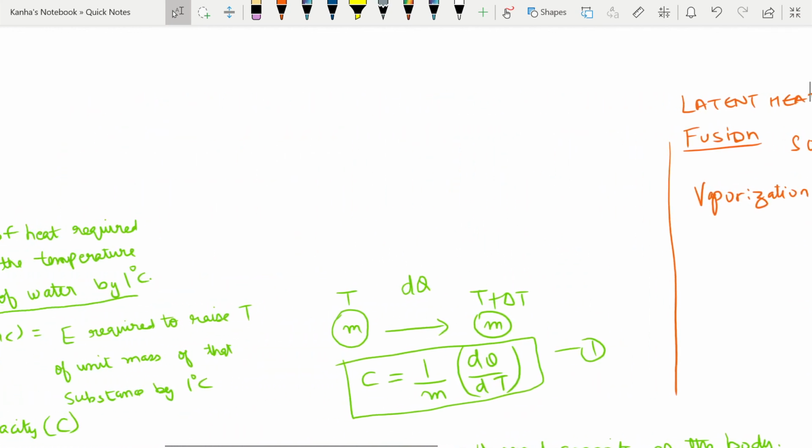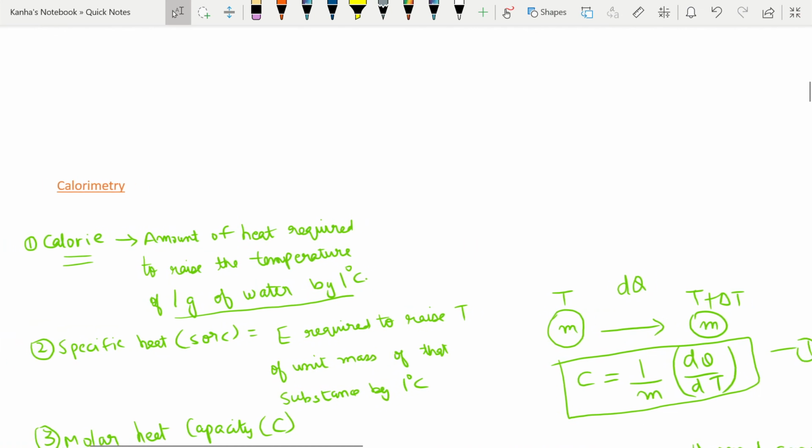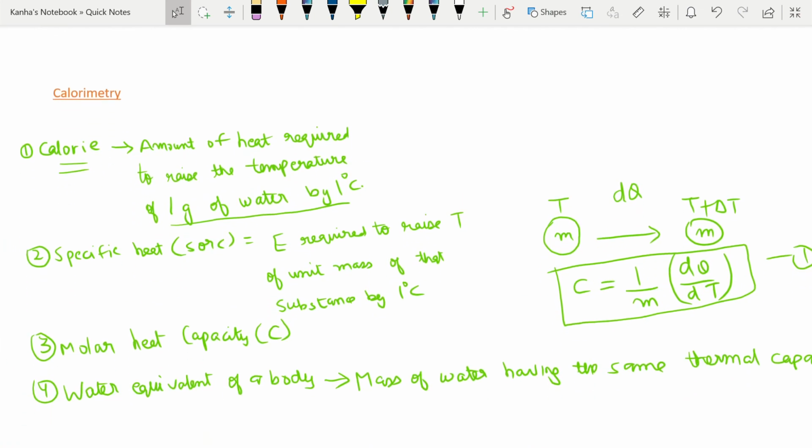With this in mind, the principles of calorimetry are quite clear. For any mixture, we bring in something known as the law of mixtures, which says that when two bodies at different temperatures are mixed, heat will be transferred from the body at a higher temperature to the body at the lower temperature till they acquire the same temperature.